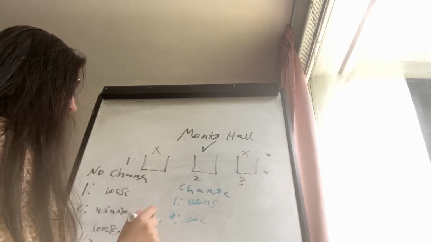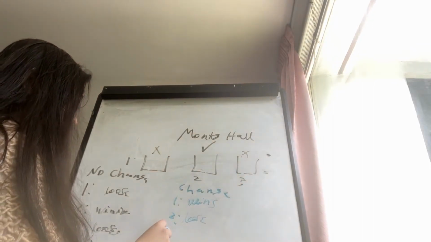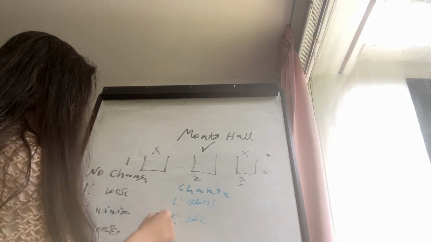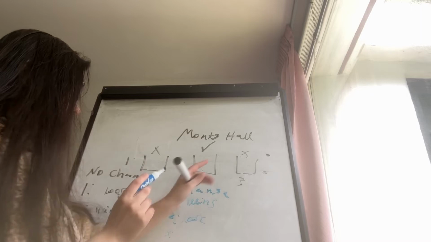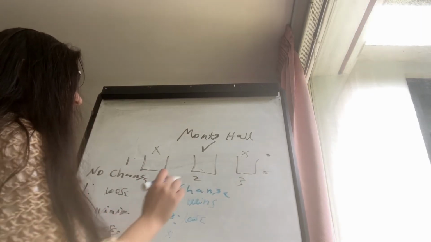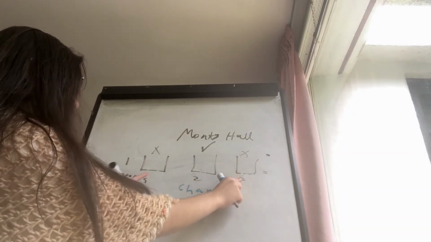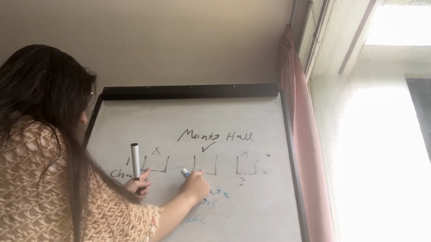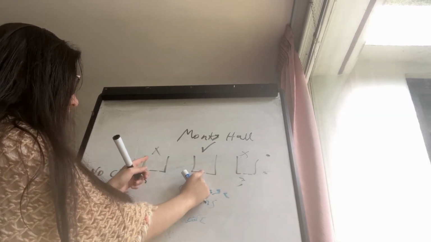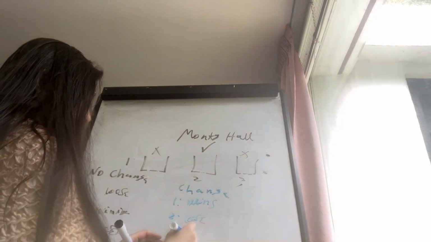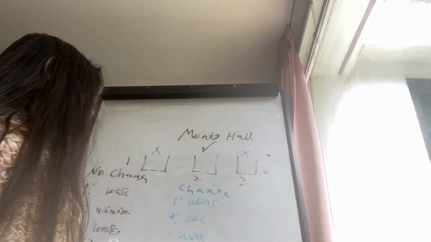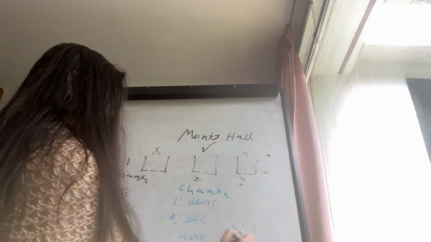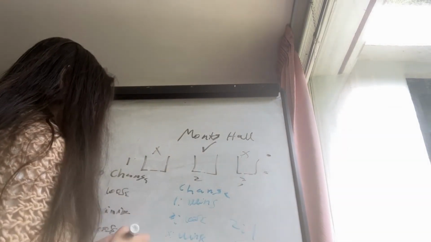So the same thing. Then if the player selects box 3, the host will show this, the player moves to here, and the player wins. So here again wins. So here the odds are 2 to 1 of winning.